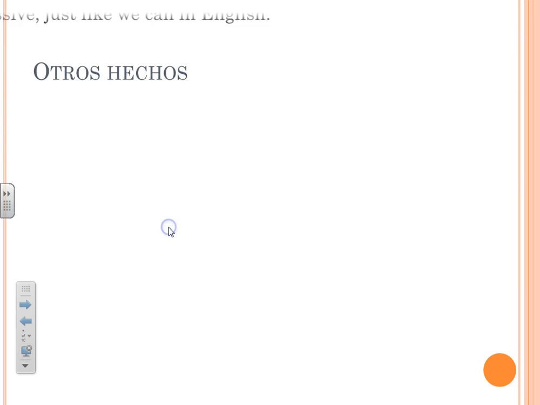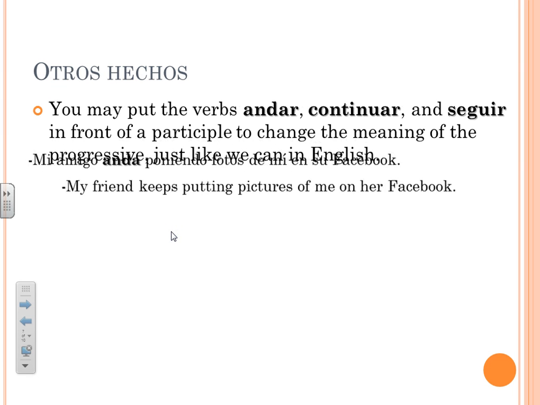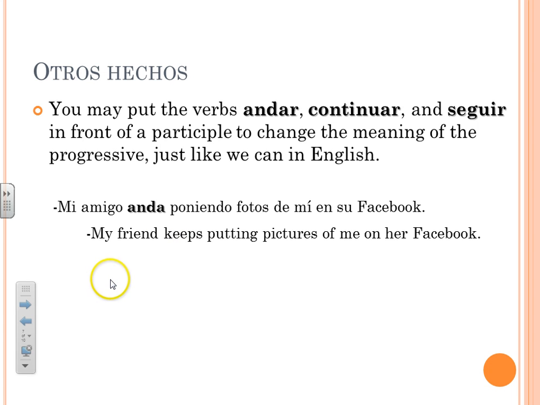Otros hechos, some other facts for you. You may put the verbs andar, continuar, and seguir in front of a participle to change the meaning of the progressive, just like we can in English. Mi amigo anda poniendo fotos de mí en su Facebook. My friend keeps putting pictures of me on her Facebook. So in this case, the verb andar is used for like it keeps doing something.